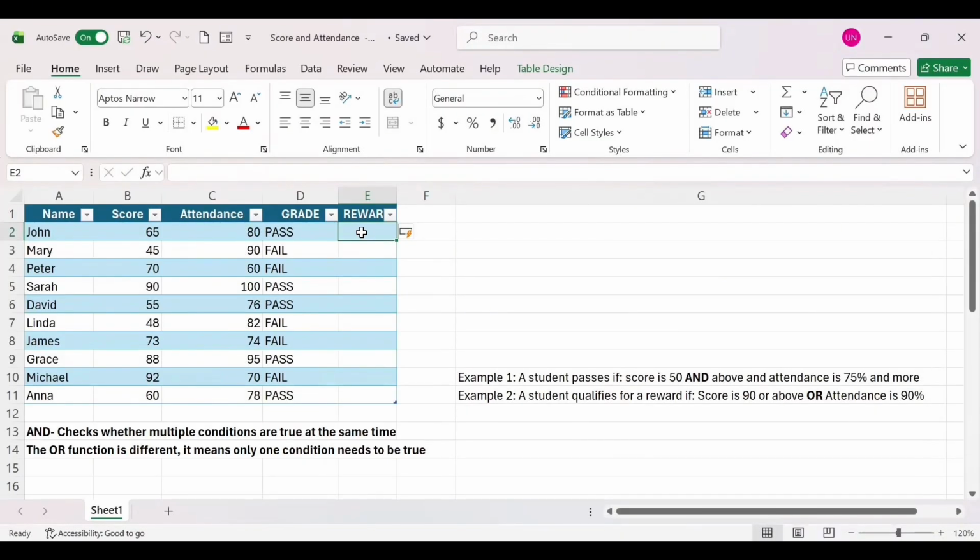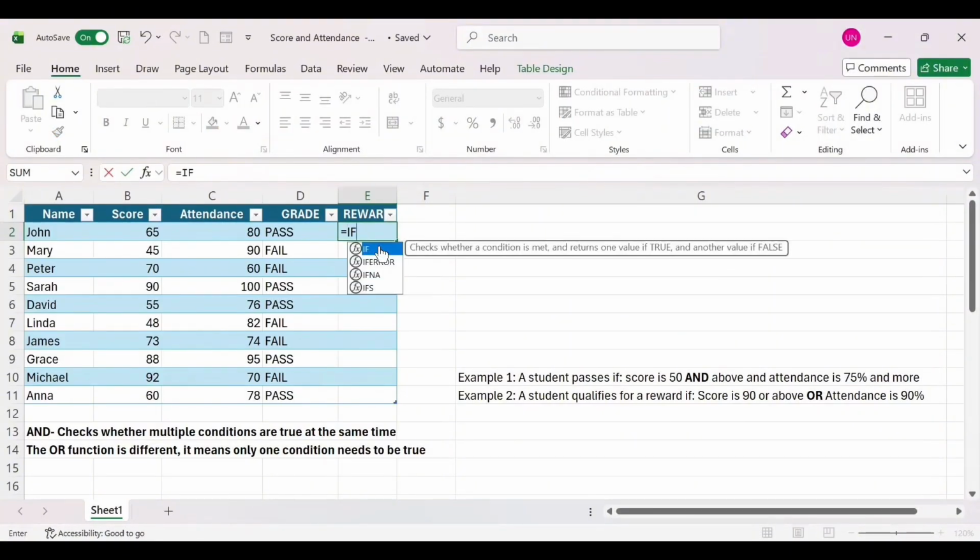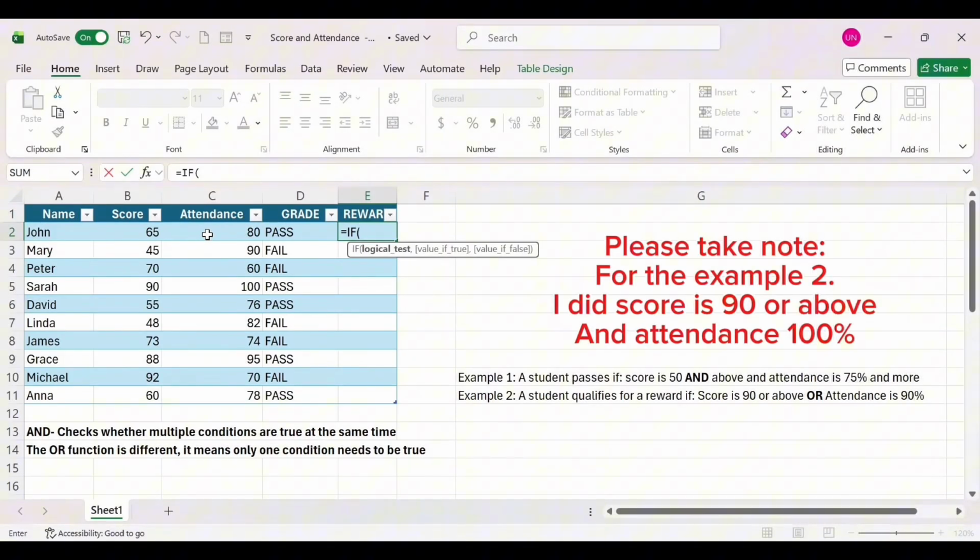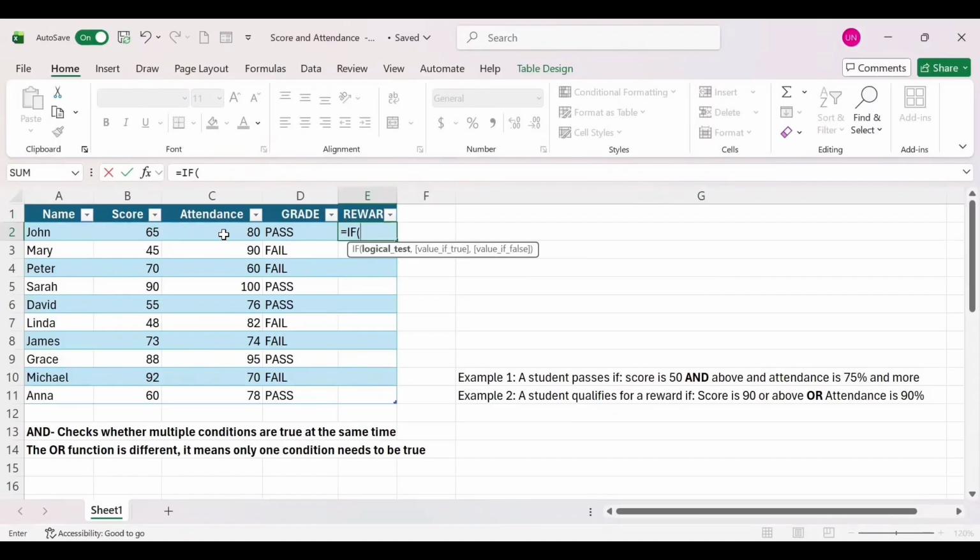So we're also going to repeat what we did the last time, which is equals to if. So this time around, we have two logical tests. Number one is the score greater or equal to 90, or is the attendance 100%, because 100% is the benchmark. There's nothing above the 100%. 100% is 100% as far as attendance is concerned.